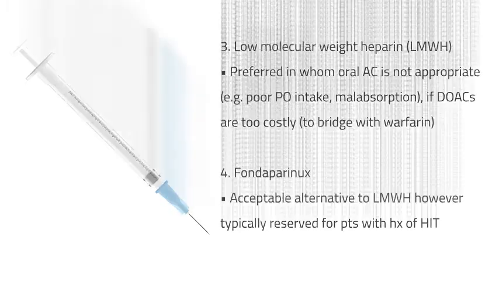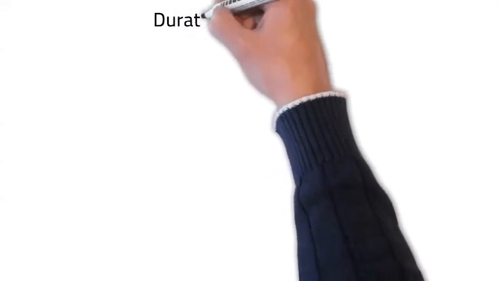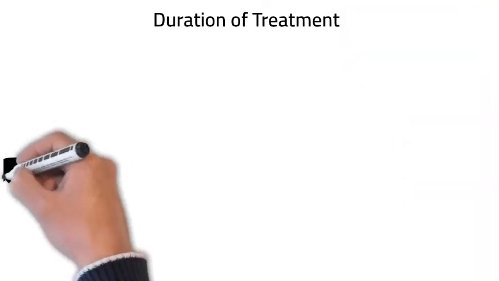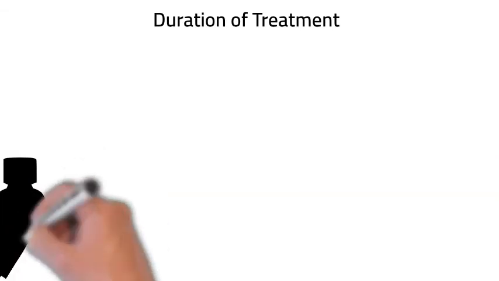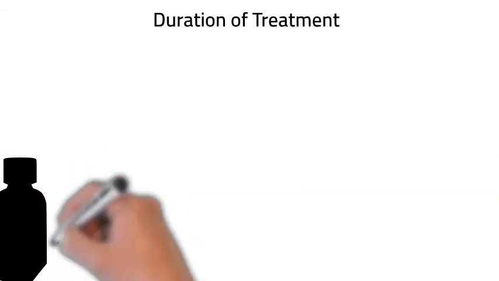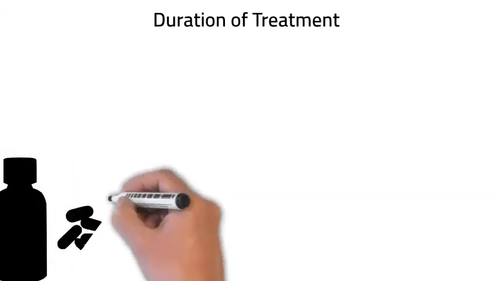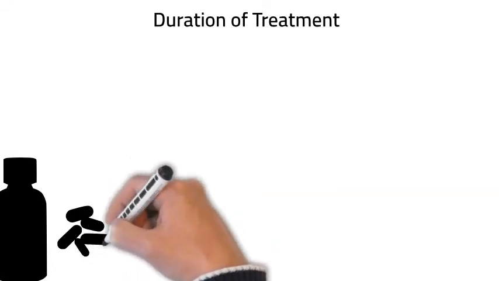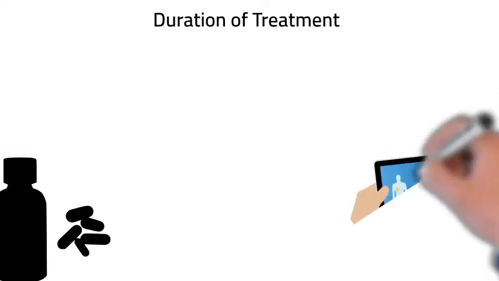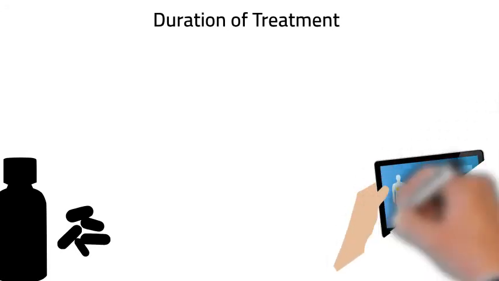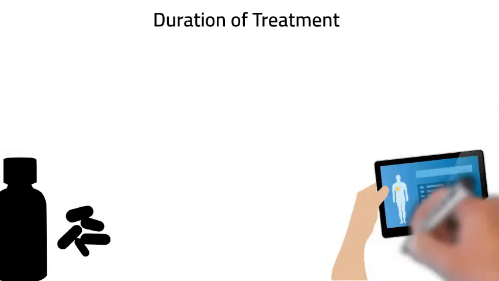The question sometimes is, what is the duration of treatment? So for those of us who really work on the inpatient side, we typically are not the ones to determine this duration. Typically, it's the PCP outpatient or the hematologist that the patient sees who will determine how long the patient needs to be on it.